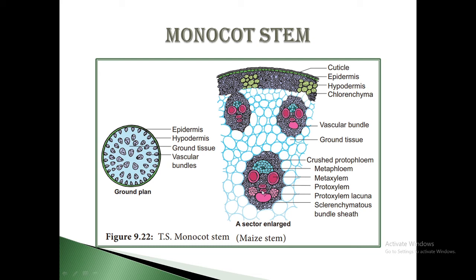In between the vessels, small tracheids are also found. This is the protoxylem region, and just below the protoxylem vessels there is a lysigenous cavity. How is this lysigenous cavity formed? It is due to the breakdown of protoxylem elements to form a lysigenous cavity, also known as the protoxylem lacuna.